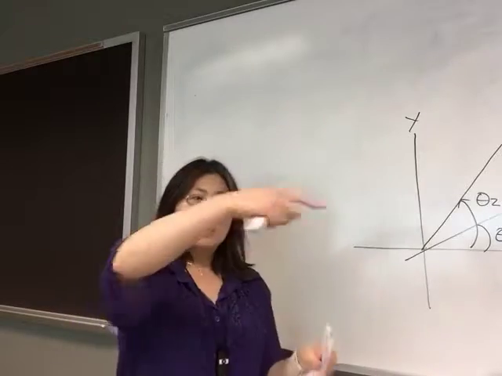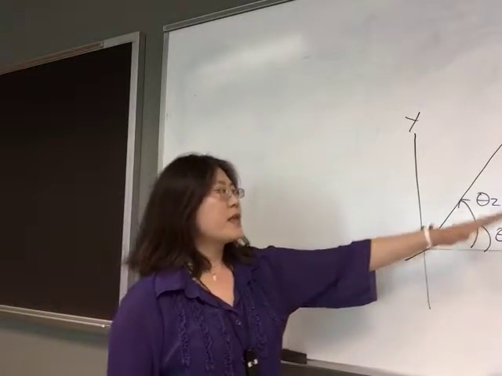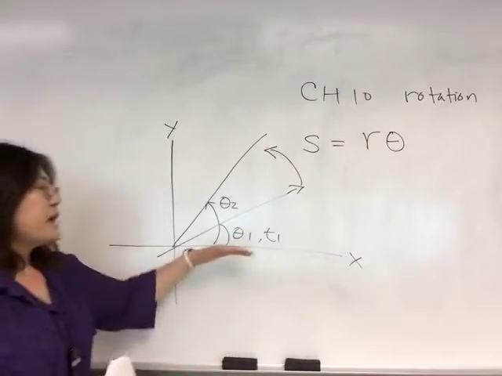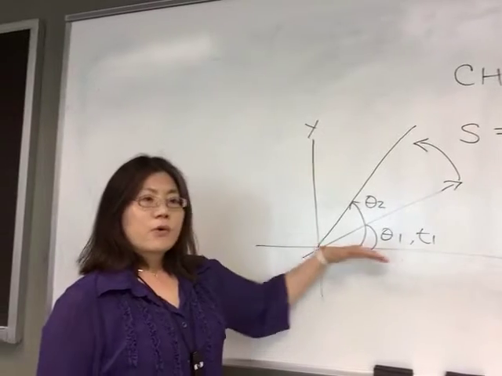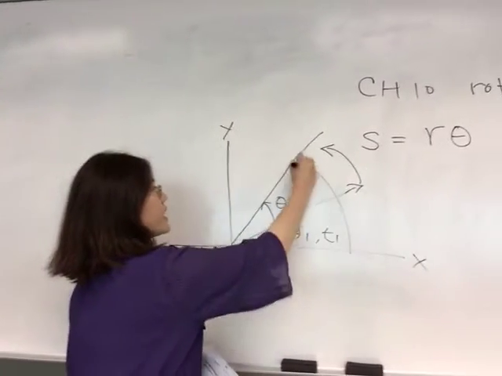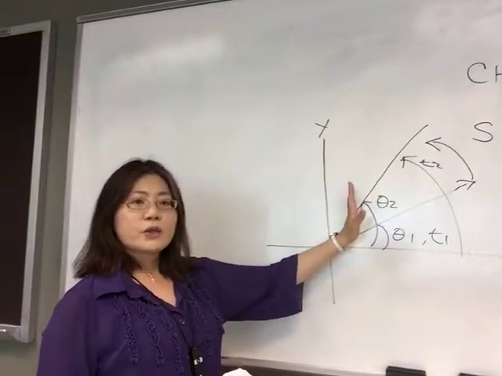So let's say you have a rotating object and you're looking at the reference point. At T1, it is making the angle theta 1 with the reference point, and at a later time, T2, it has rotated, that's a theta 2 angle.